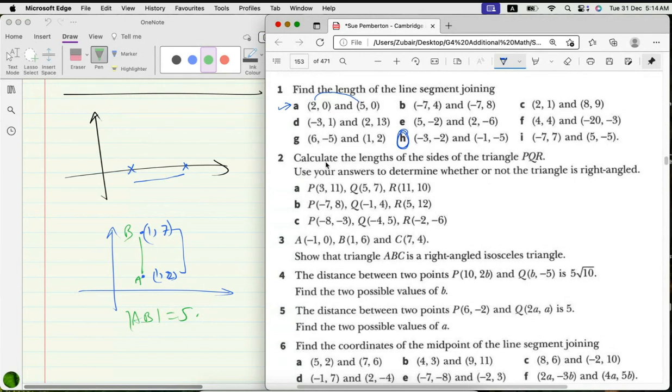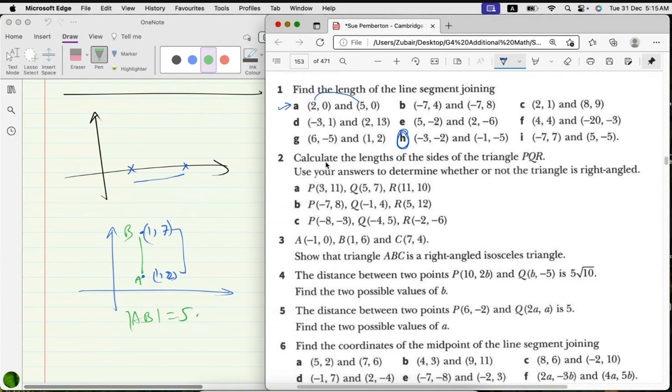H1. 8.062. 8.062, I'm getting 3.6. I just plugged it into the formula, right?